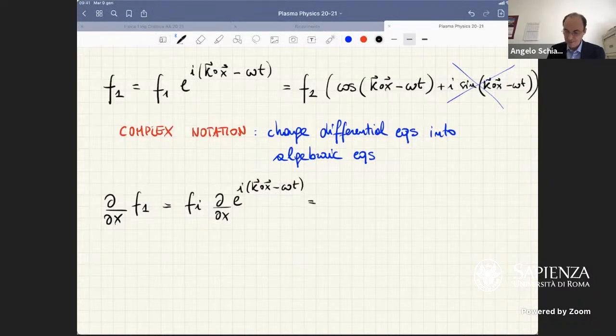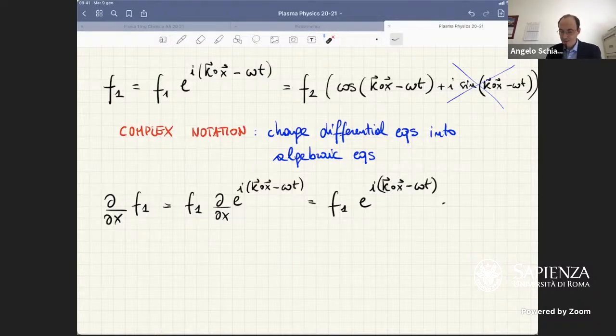This is not i, it's just 1, and 1 means first order perturbation. So we have an amplitude, and by differentiating the exponential, we find the exponential again times the derivative of the argument, k·x minus omega t.